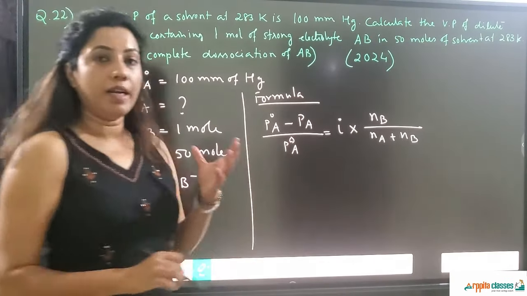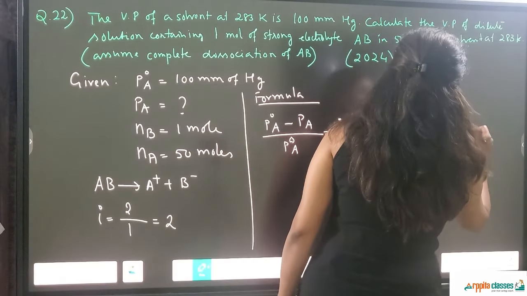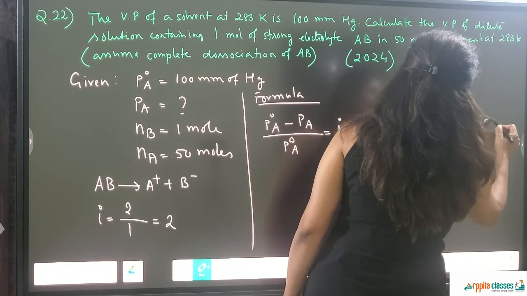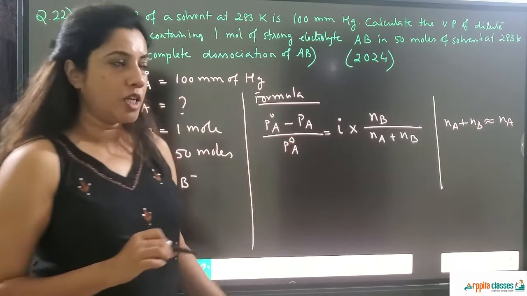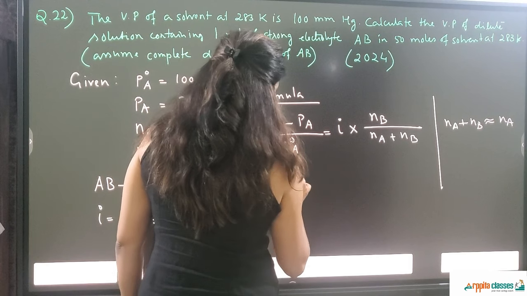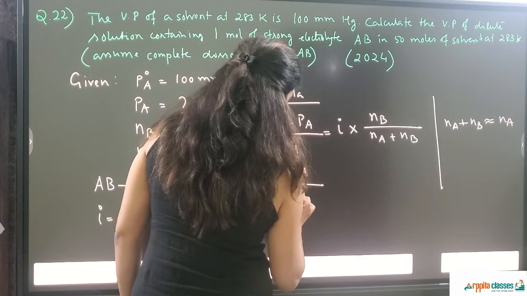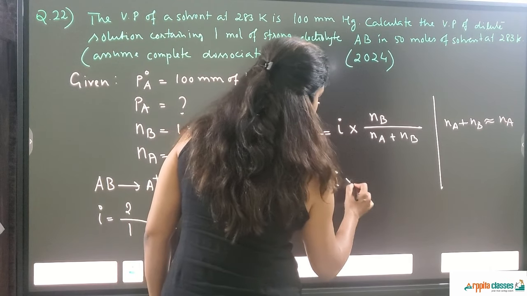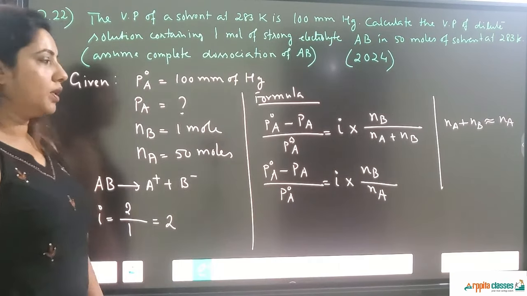Now we know that for a dilute solution, Na plus Nb is almost equal to Na, because as compared to Na, the value of Nb will be very, very small, and that is why we can ignore the value of Nb. So finally the formula reduces to P0 A minus Pa upon P0 A is equal to I into Nb divided by Na.